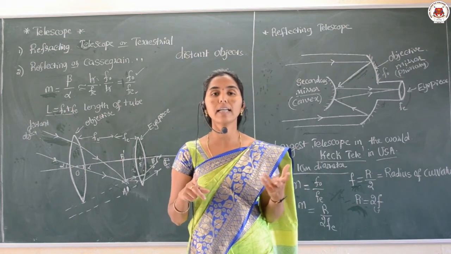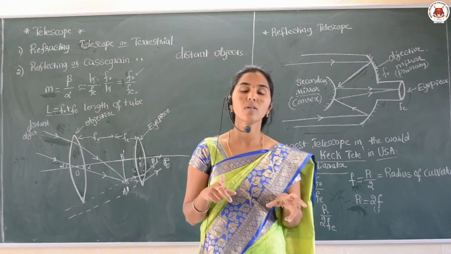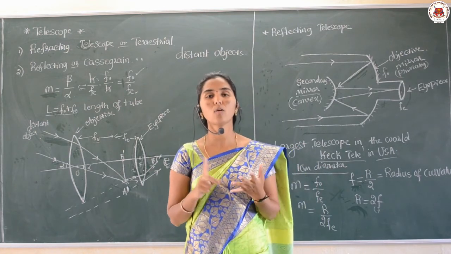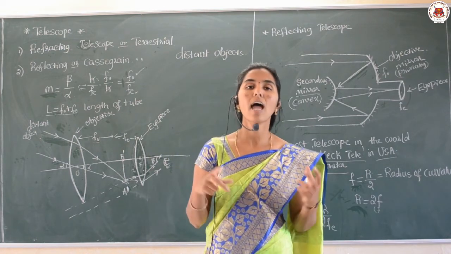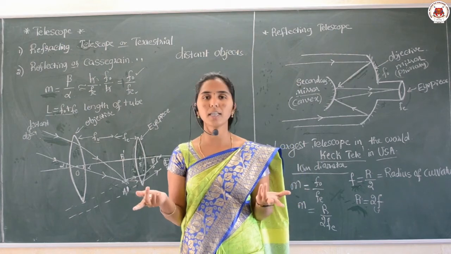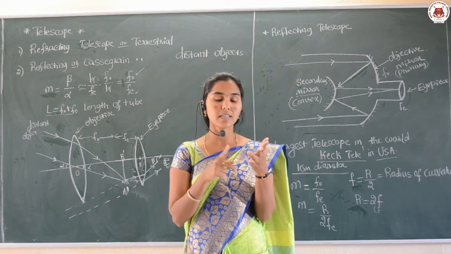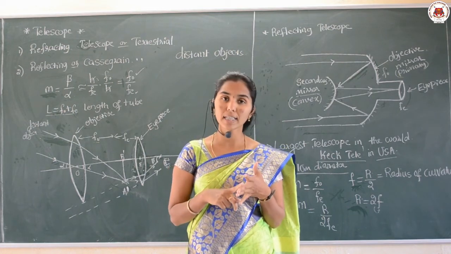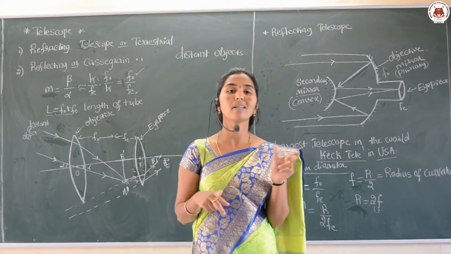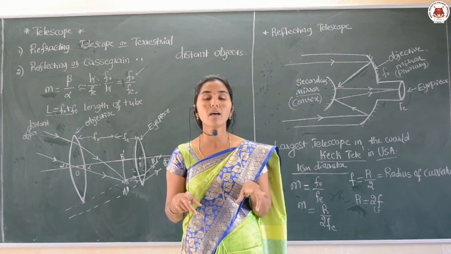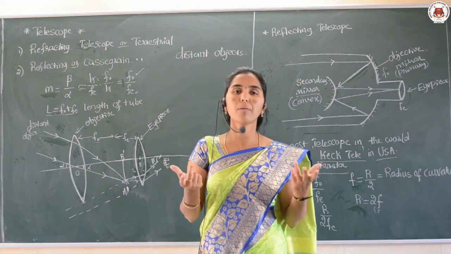Then the consequences: lateral shift, normal shift, twinkling of stars, atmospheric refraction. Then total internal reflection, its conditions, its applications, how they are used in optical fibers and the uses of optical fibers.